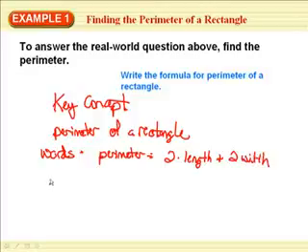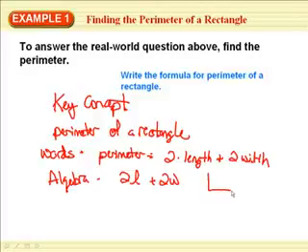And the algebra part of it is 2L plus 2W. And then on the key concept they have a picture. There's the length, there's the width. And there's where the 2 L's are coming from and the 2 W's.